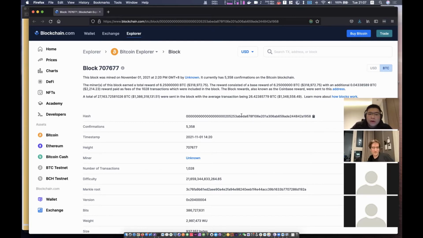The first one is the hash. The hash is the same as the ID, the identity of that block, and it is the outcome of the miners. When we hear about miners and mining, the miner tries to find numbers, and once they have the numbers, they have the results. There are two results that the miner gives to this block.